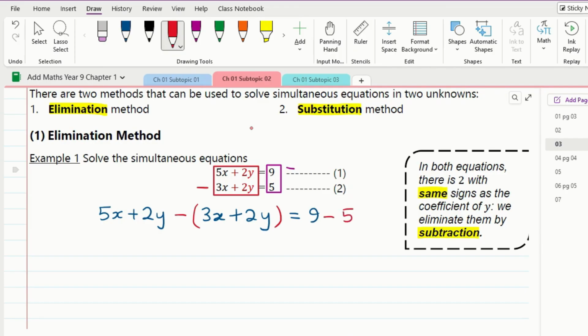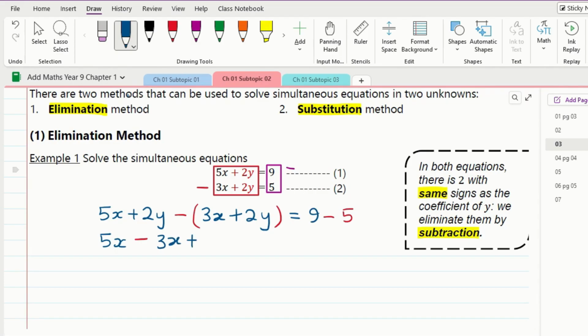So all you need to do is solve this equation. If you rearrange the terms and apply the negative to 3x plus 2y, the like term together with 5x is going to be minus 3x.